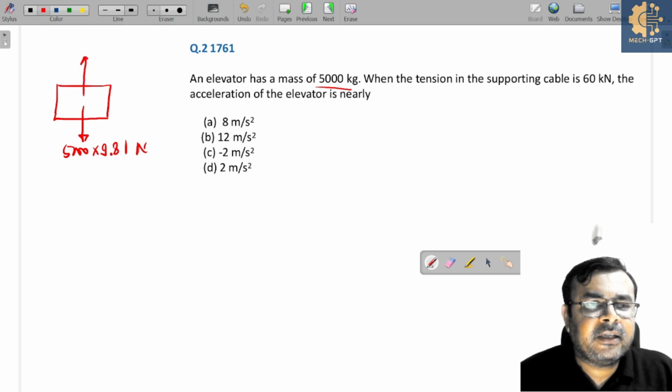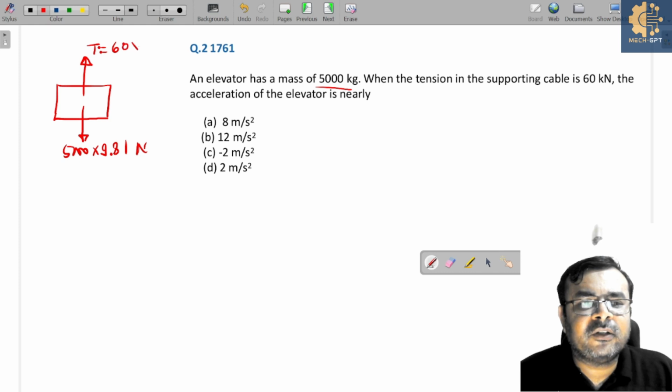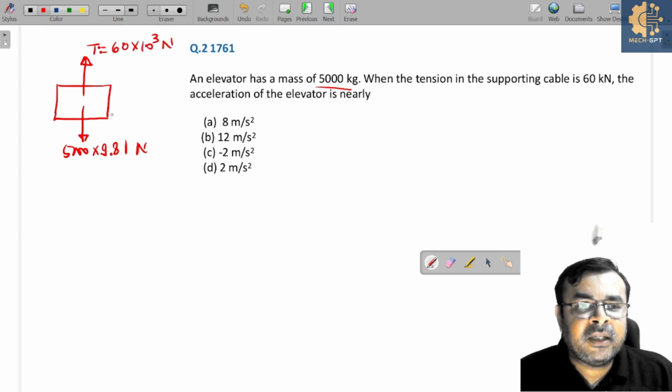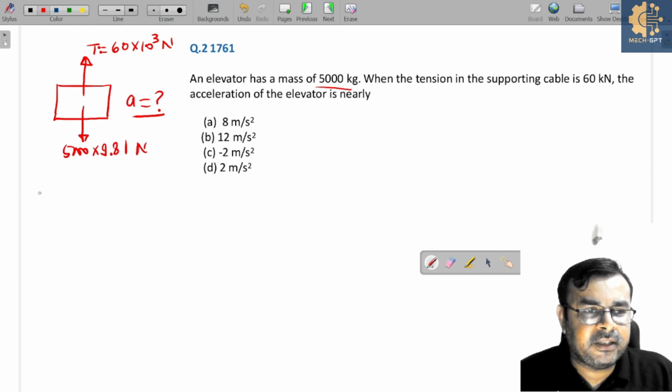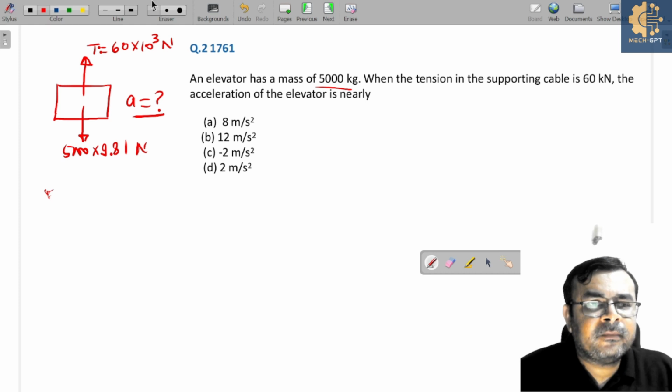And a cable is provided here which is having a tension equal to 60 kilonewton, so 60 into 10 to the power 3 Newton. Then the acceleration of the elevator is nearly, so you need to calculate how much acceleration we have.